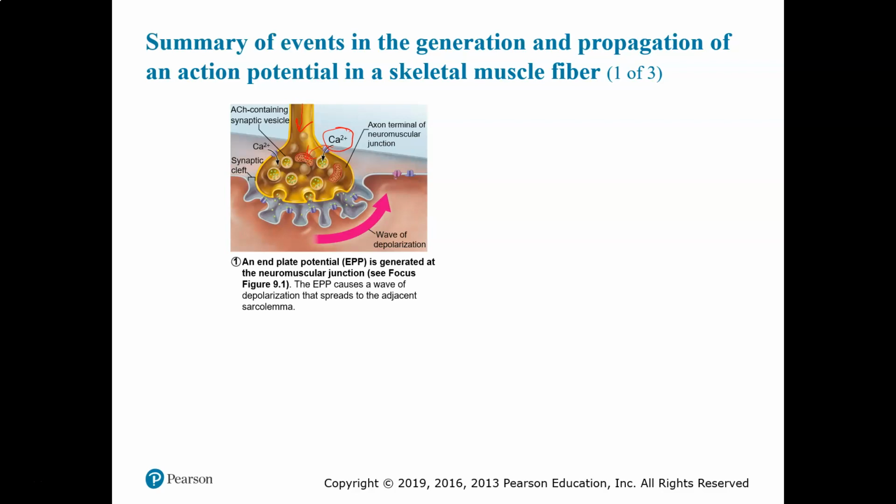The synaptic vesicles fuse with the plasma membrane of the axon terminal and then release acetylcholine into the synaptic cleft by exocytosis. The acetylcholine then binds to these little purple acetylcholine receptors, and those are chemically gated channels that allow sodium to enter.